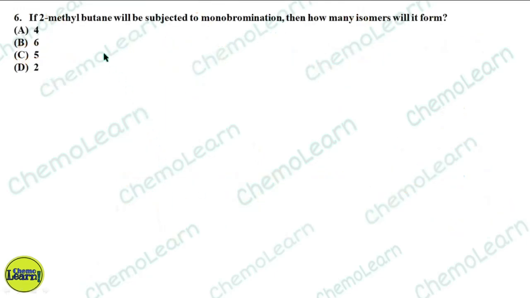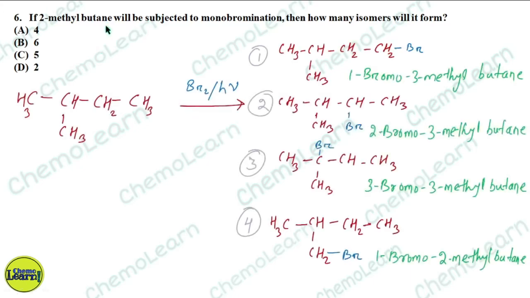Next one is, if 2-methyl butane is subjected to monobromination, then how many isomers will it form? Okay, and the options are 4, 6, 5, 2. So you are given 2-methyl butane. Write the structure, then it is our 2-methyl butane. We have 4 types of carbon atoms, and upon monobromination, that means one bromine will be added.